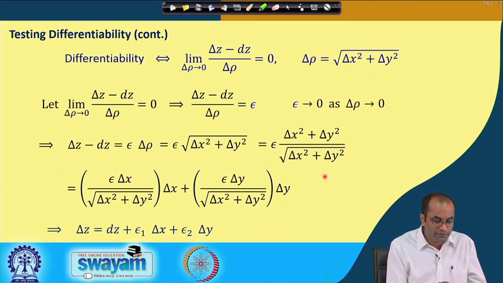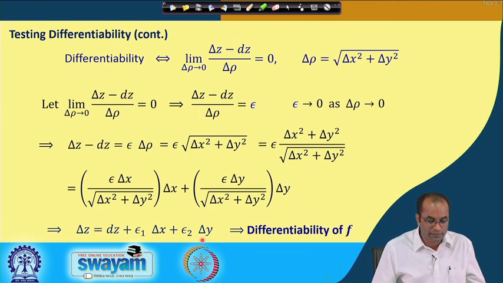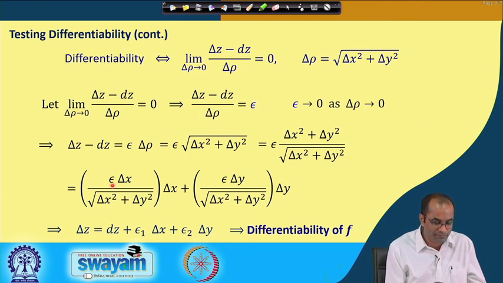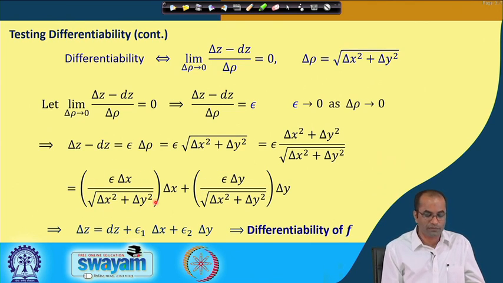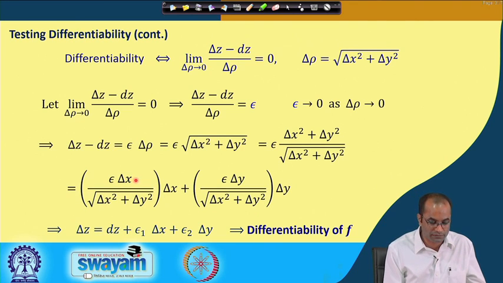So what we observe now is that this variation in z, delta z, we can write as dz plus epsilon 1 delta x plus epsilon 2 delta y. Because this was the dz, it goes to the right hand side, and then this is the epsilon 1 term and this is the epsilon 2 term, and they have the property that they will go to 0, which we have just learned before.